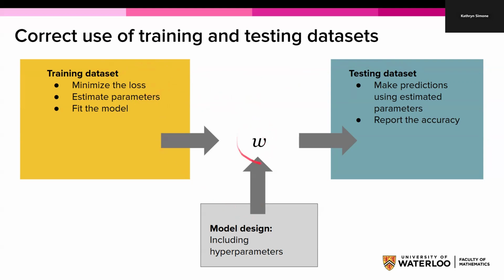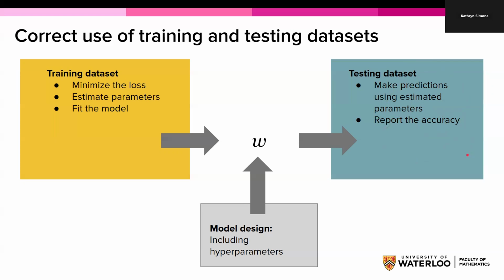And then once we have those parameters estimated, we then examine the model's ability to generalize to data that it hasn't seen before with the testing data set, to see how accurate its predictions can be based on stuff it hasn't seen before. And so the accuracy on the testing data set is actually what we're interested in.